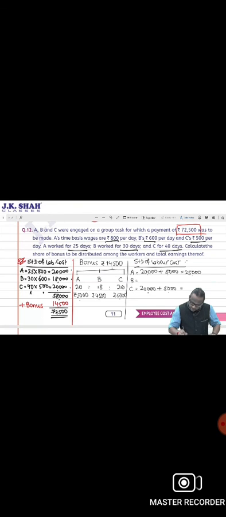So both will be getting 25,000. B will be getting 18,000 as basic, 4,500 as bonus, 22,500.